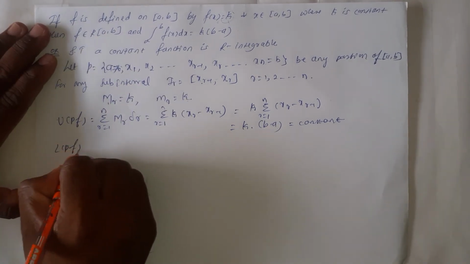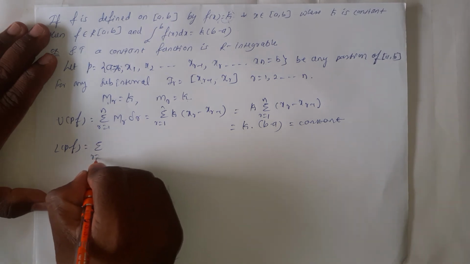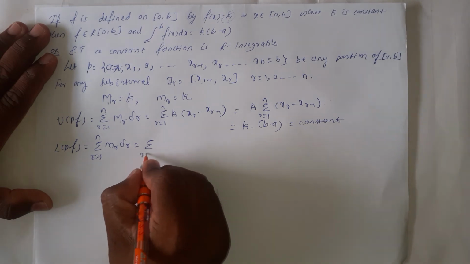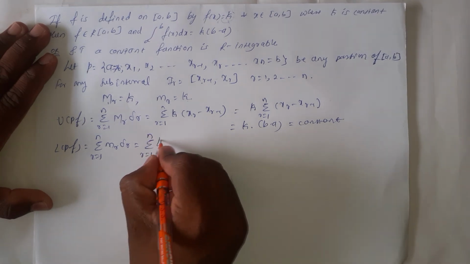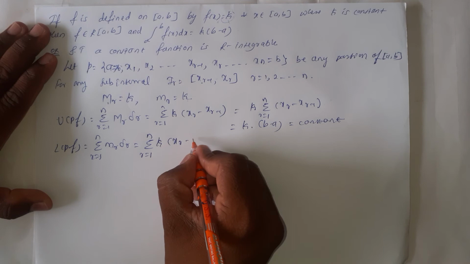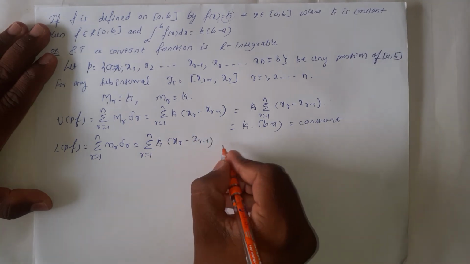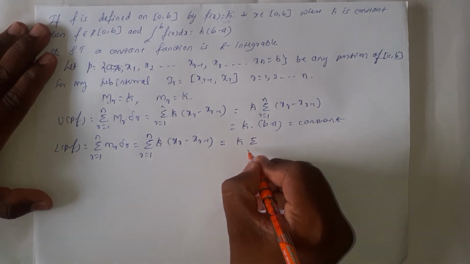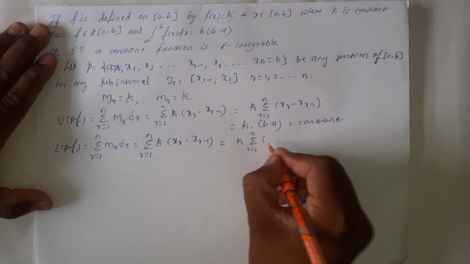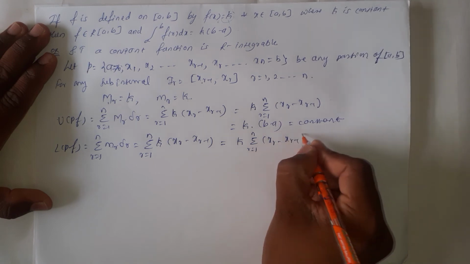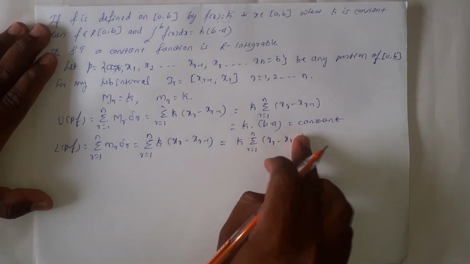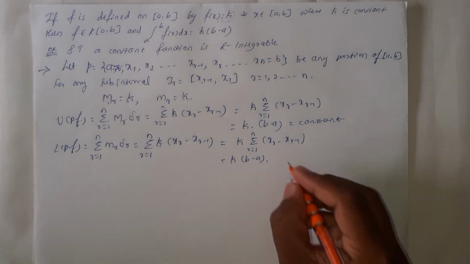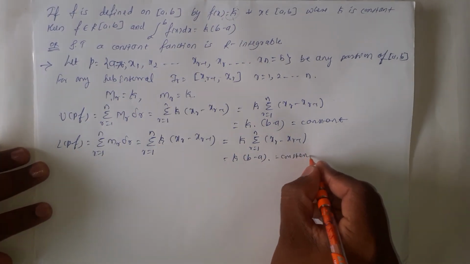Then LPF is equal to summation over r is equal to 1 to n small mr into delta r, which is equal to summation over r is equal to 1 to n k into again delta r is xr minus xr minus 1, and its value is also k into summation over r is equal to 1 to n of xr minus xr minus 1. So therefore its value is nothing but k into b minus a. So therefore it is also a constant.